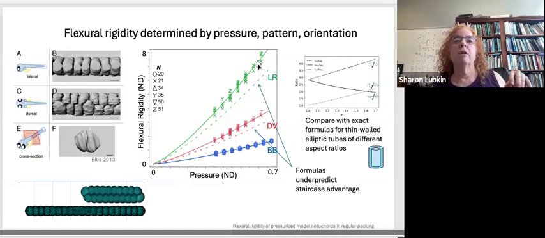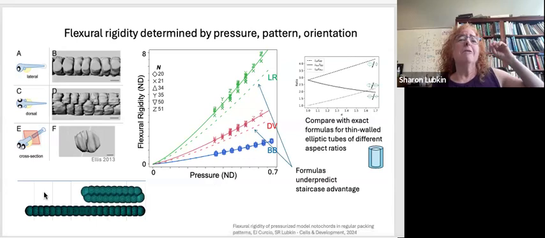We actually found that the notochords packed in the staircase pattern were not just stiffer than the equivalent number of cells packed in bamboo, but stiffer than predicted by the hollow tube, which was quite interesting. So what's it coming down to?